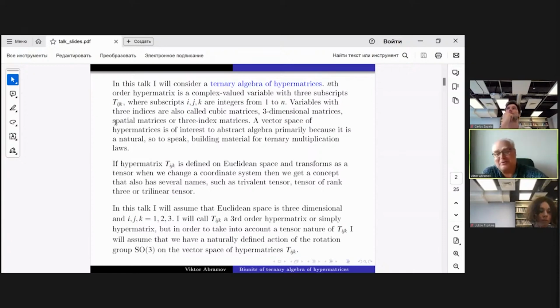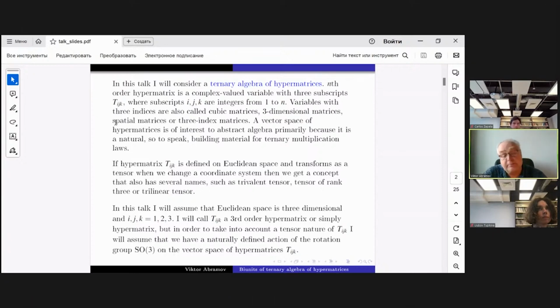So I will use the term hypermatrices, and I will consider the hypermatrices of order 3. Of course, hypermatrices are very interesting objects because they, so to speak, provide a natural building material for ternary products.